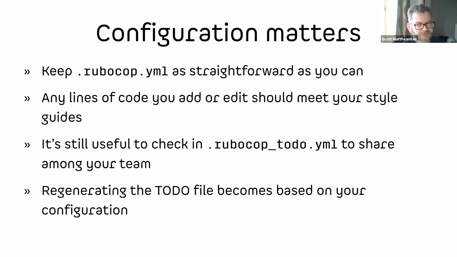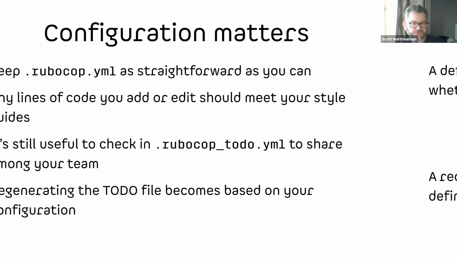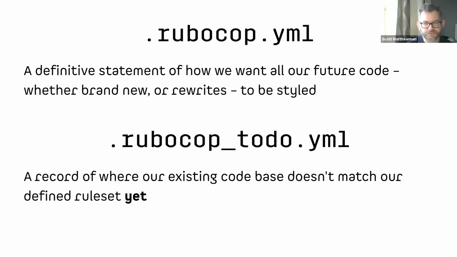So if you change a cop in your standard config file, the list of files in your to-do file will reflect that. And so you end up with 2 files checked into the source code that have very different intentions. The first one is a definitive statement of how we want code to look. And the second one is a list of files that don't meet that yet.